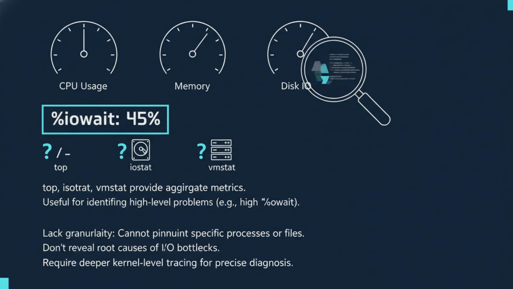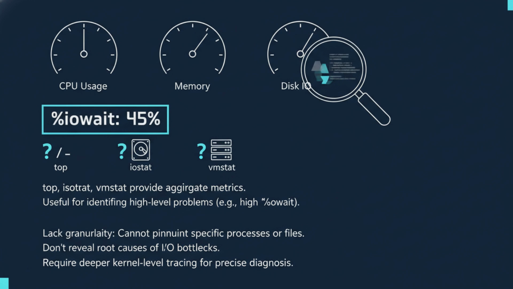For example, iostat can show you the percentage of time the CPU spends in I/O wait, percent I/O wait, and device utilization. However, they lack the granularity to pinpoint which specific process is causing the I/O bottleneck, what exact file or block device is experiencing the contention, or why the I/O operations are taking so long at a micro level.